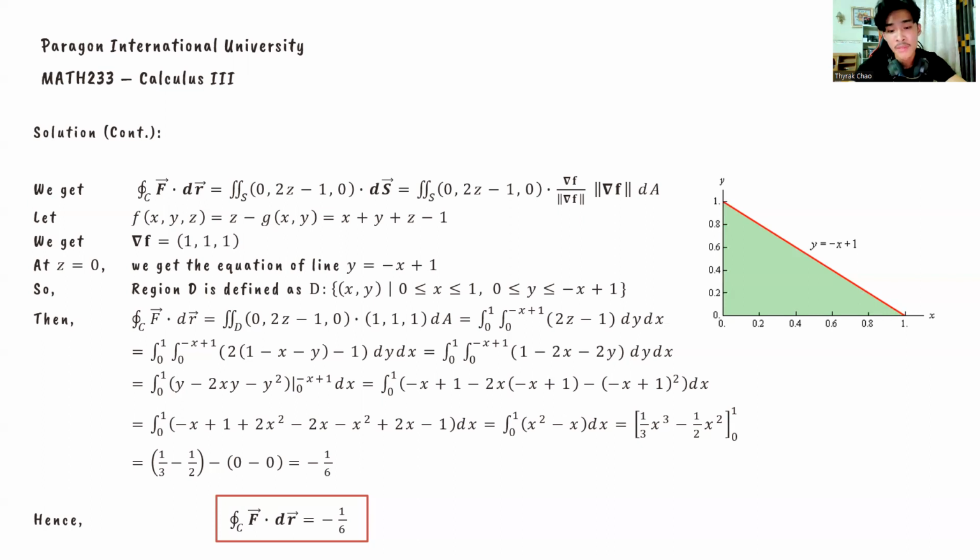Hence we can conclude that the line integral of the vector F dot dr over the curve C is equal to minus 1 over 6.